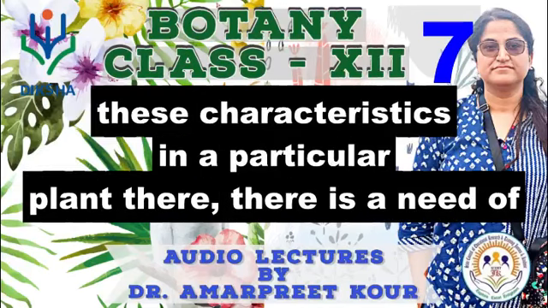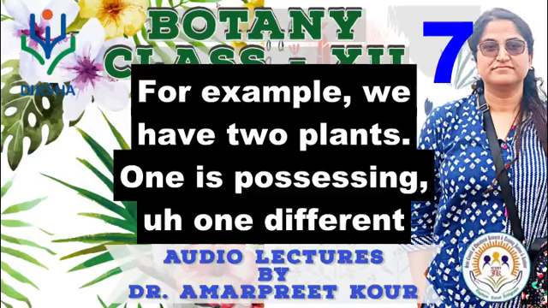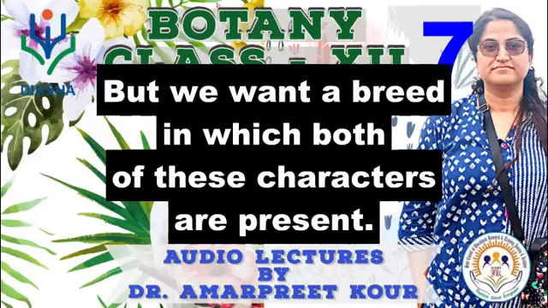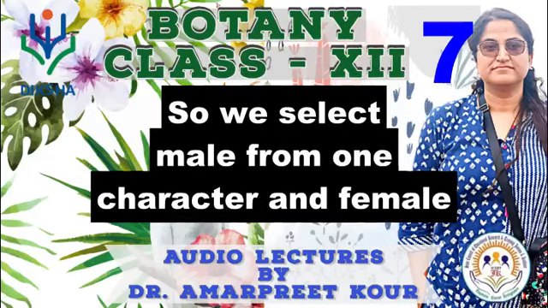This technique involves certain steps, like selection of suitable parents. For example, we have two plants. One possesses one character, and the other possesses a different character. But we want a breed in which both of these characters are present. So we select a male plant with one character and a female plant with the other. This is the selection of suitable parents.